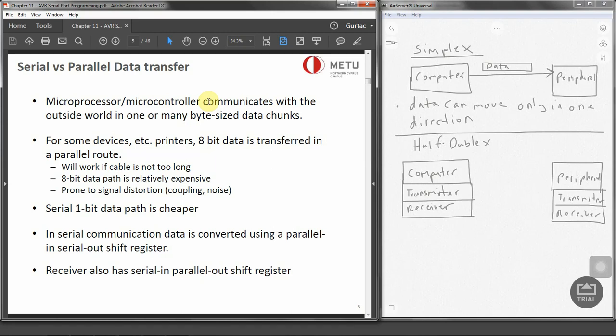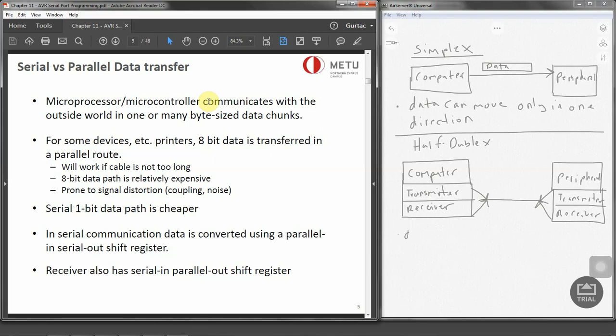So what is actually happening over there? We have got one line, but they're both either sending or receiving data from both sides. So it's not one-way communication. Data can move in both directions, but not at the same time. If we are transmitting, the other one has to wait to receive it, and then it can transmit.